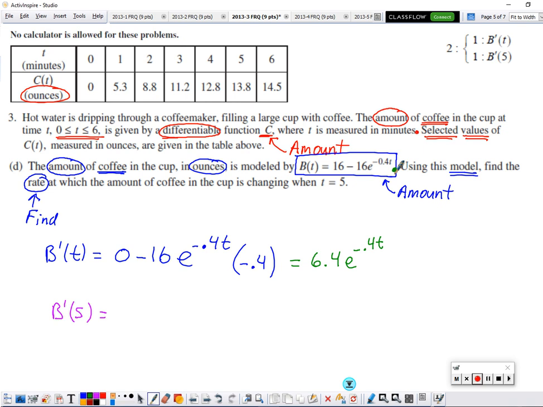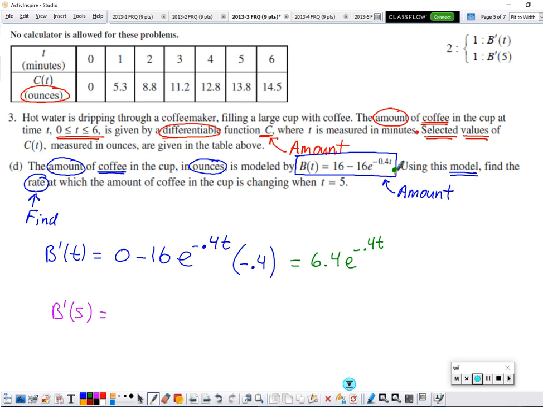A model means, can you figure out mathematically how to create an equation that pretty much matches this? It won't match it exactly because it's a model, but it's close. If I plug in time equal 6 into this equation, I probably won't get exactly 14.5, but it will be close. That's what they mean by B of T is the model for the amount of coffee.